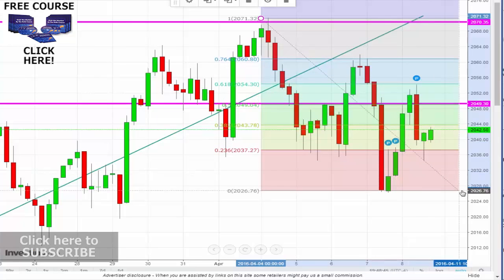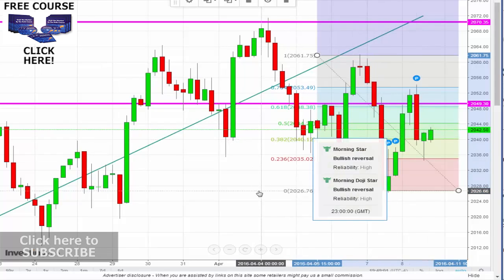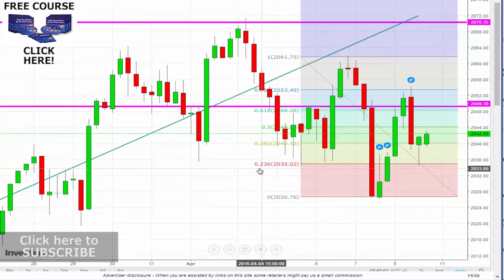Now, if I bring this whole area from there to there, this whole move down, you can see it's at the 62%, but if I move this down, it's right at that 70% and then drops down. So here's what we can see right now on this 5-hourly chart.